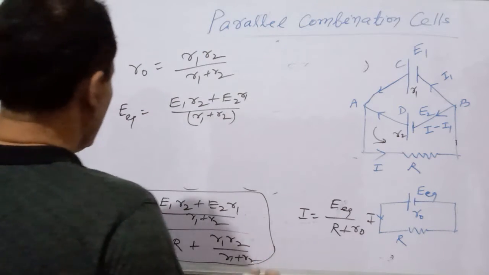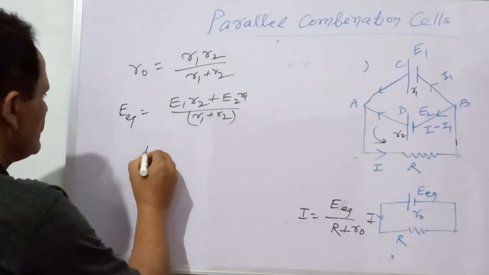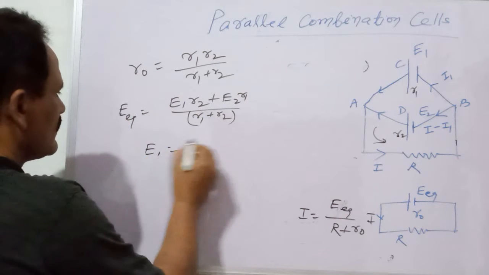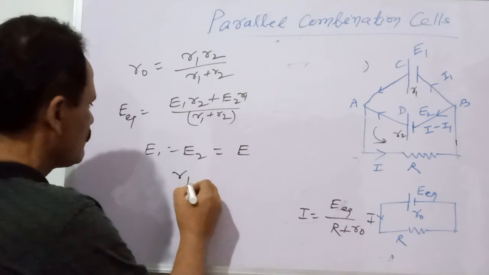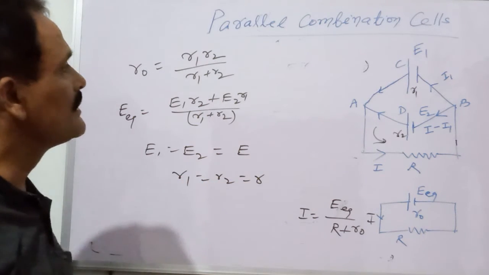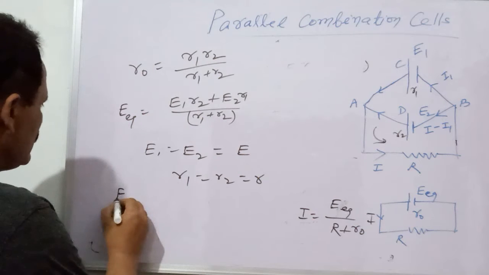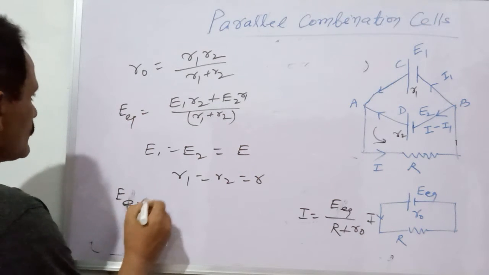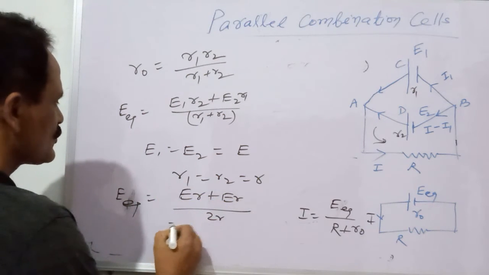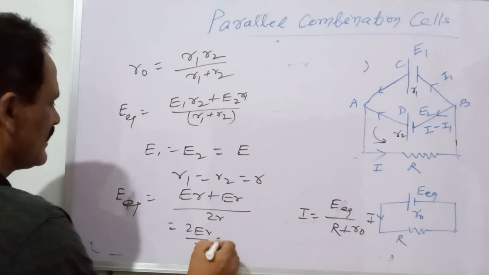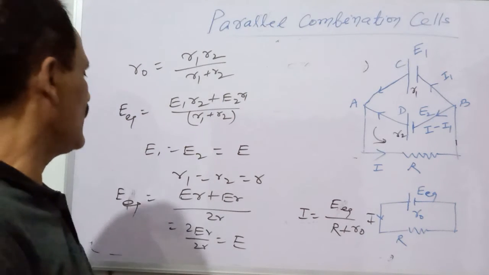Suppose the EMF of the two cells are equal, and it is equal to E, and internal resistances R1 is equal to R2 is equal to R, meaning the cells are identical, then in that case the E equivalent is equal to ER plus ER divided by 2R, and it is 2ER/2R and is equal to E.